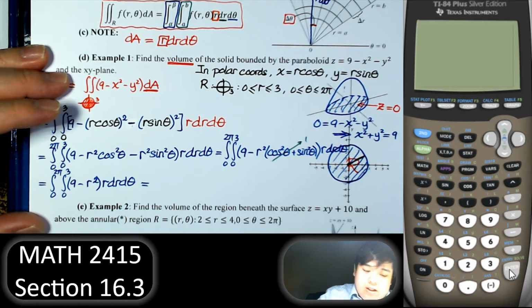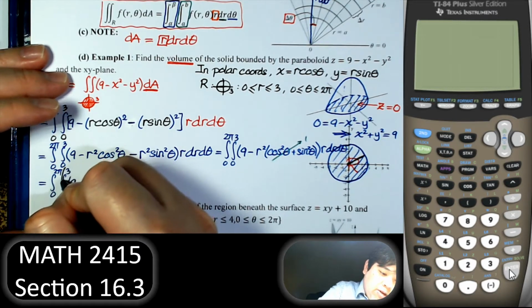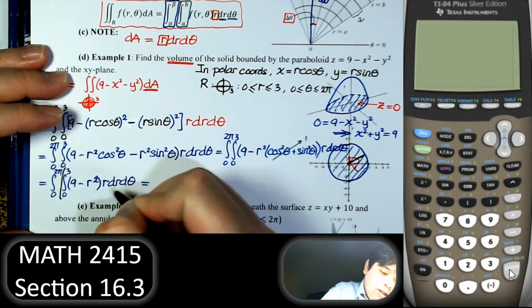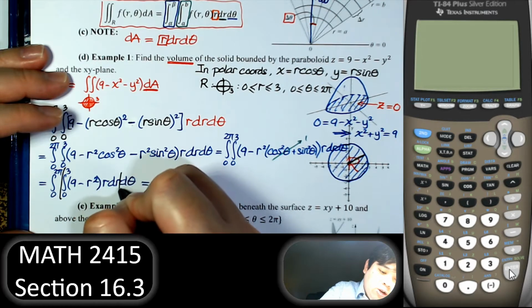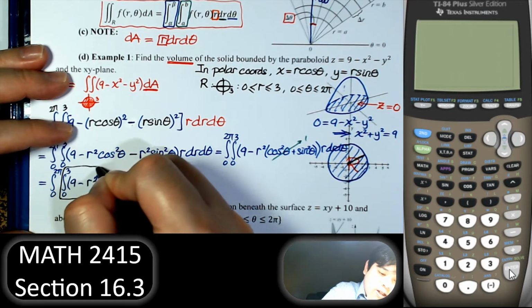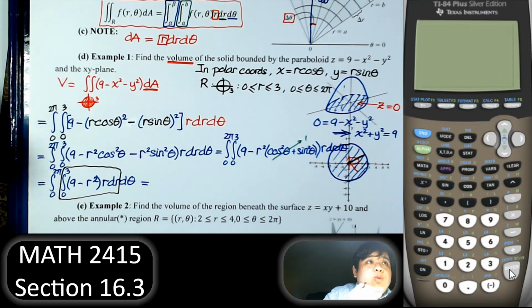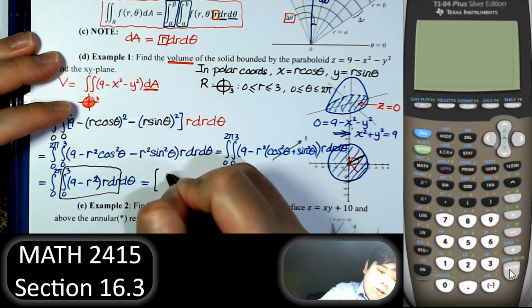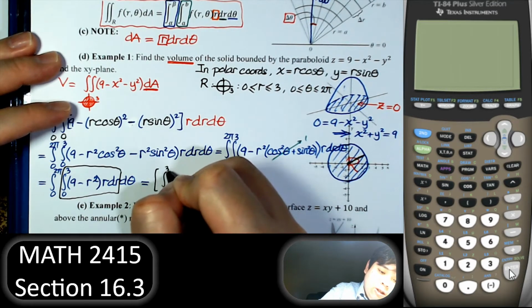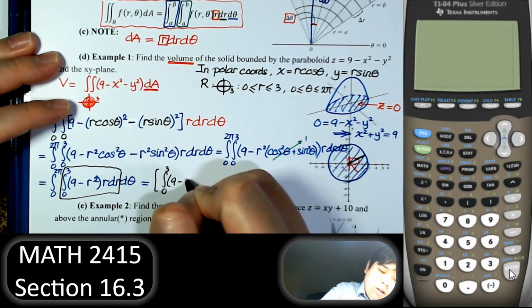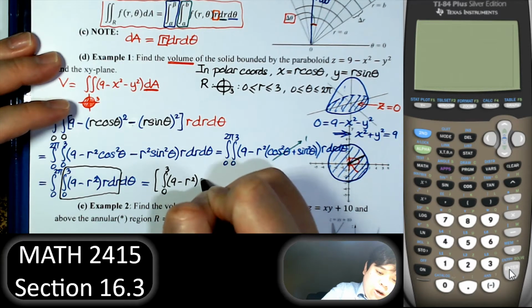All the r together: this is the limit for r, the function, and then r. So pretty much all of this in terms of r, so put that into one big integral: 9 minus r squared, r dr.